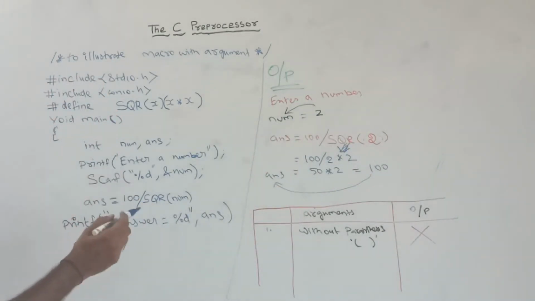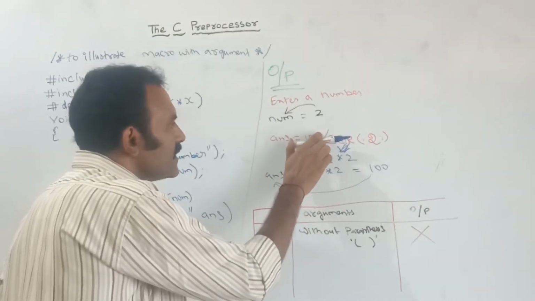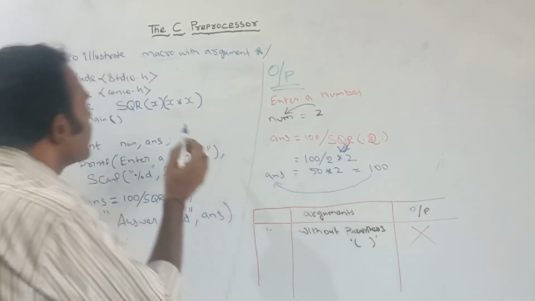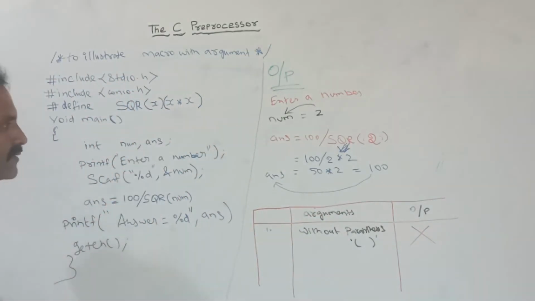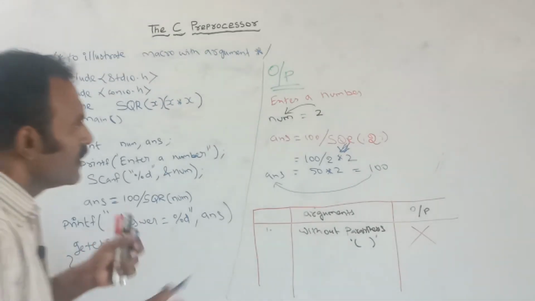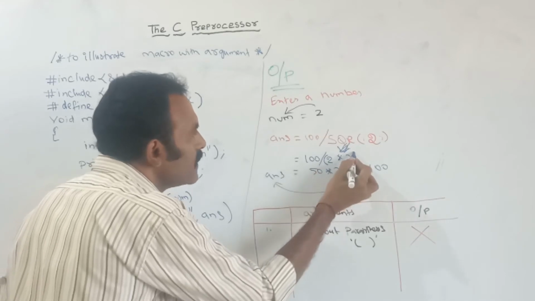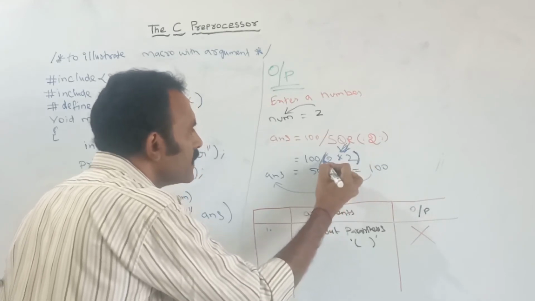After passing this, in the next step, before I had used it without parenthesis, but now I am using the parenthesis in the definition part. So this parenthesis will be included in the argument here.